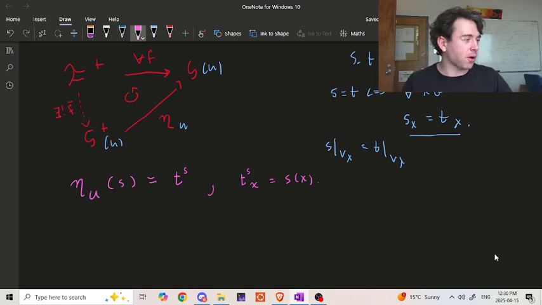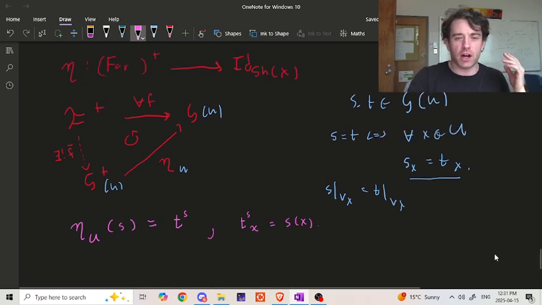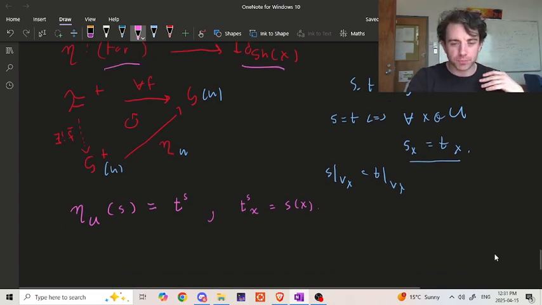We're going to take that property as given, and in fact this does define a morphism of sheaves. We still want to check that this defines a natural transformation from this composite to the identity functor.